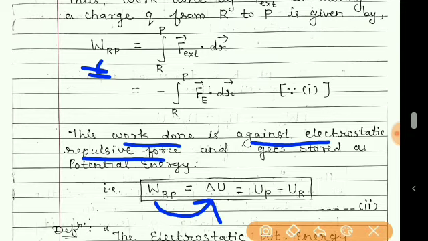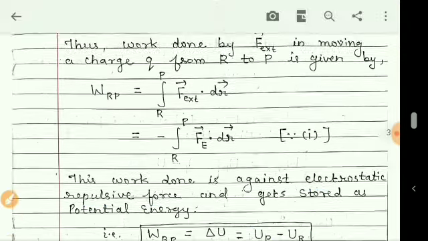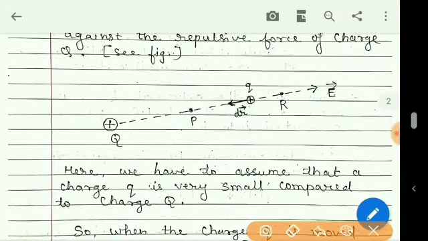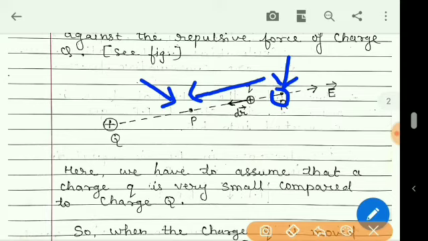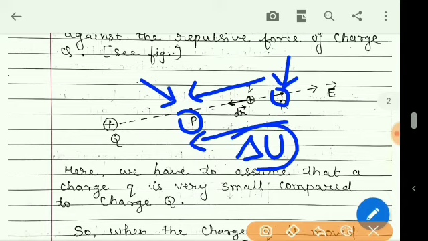Now this potential energy is the difference of the potential energies at point P and at point R. This means that when the charged particle is kept at this point, at that time also it has a potential energy with respect to this point R, and when it is brought to point P, even at this point the charged particle has potential energy with respect to point P. So when we move the charged particle from here to here, there will be a difference of the potential energy which is obtained due to work done.